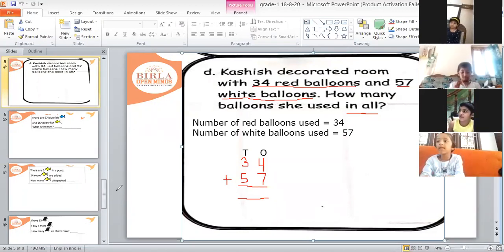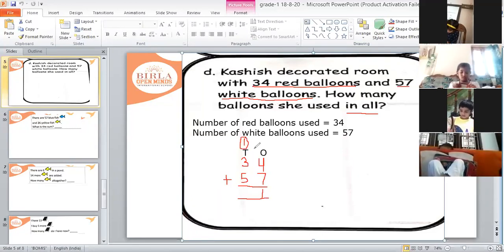Start counting after 4 and count forward 7. 5, 6, 7, 8, 9, 10, 11. Yeah. 4 plus 7 is 11, children. So we'll write here 1 and the other 1 will go as carry over in tens place.